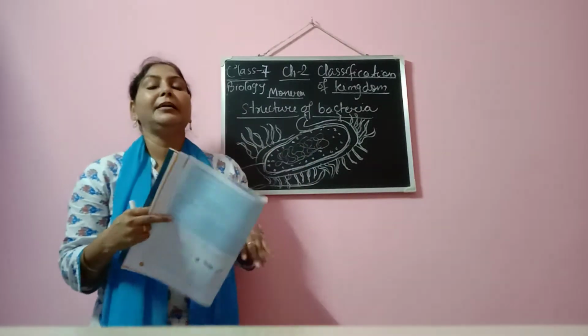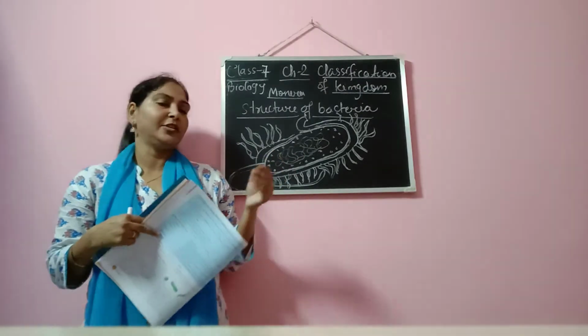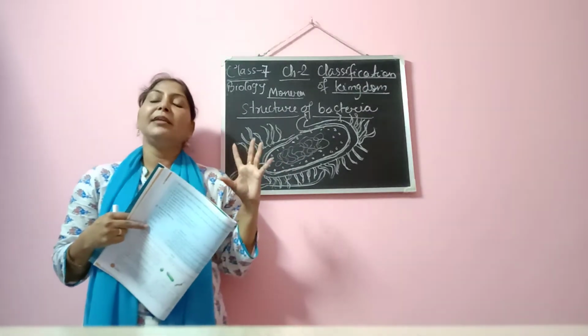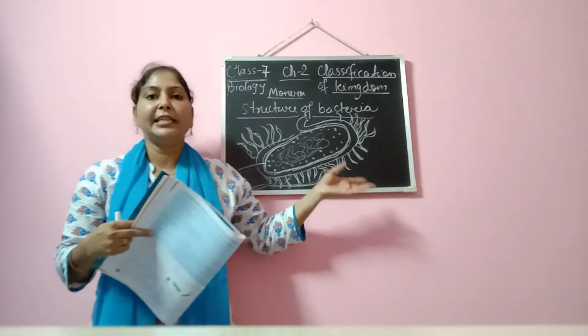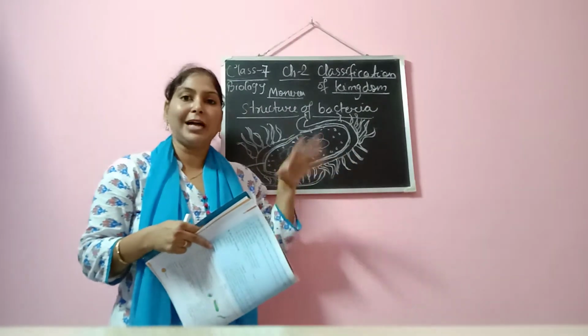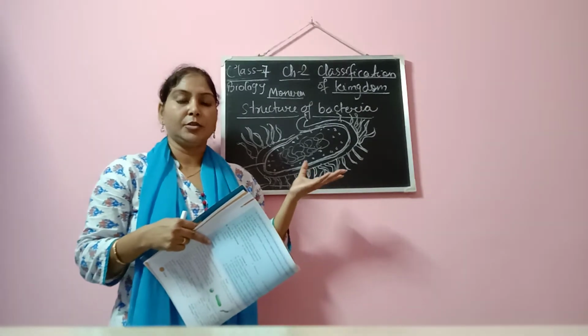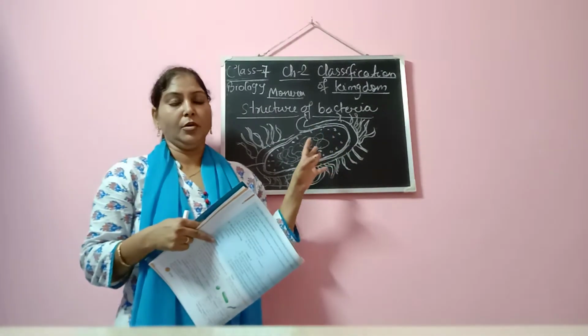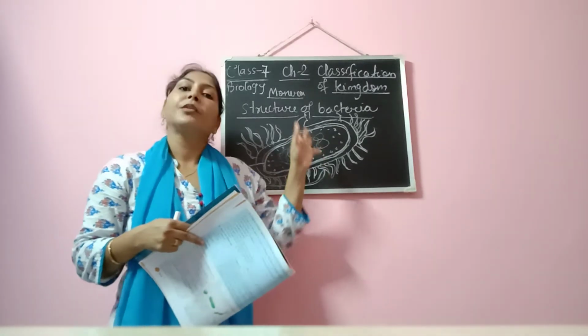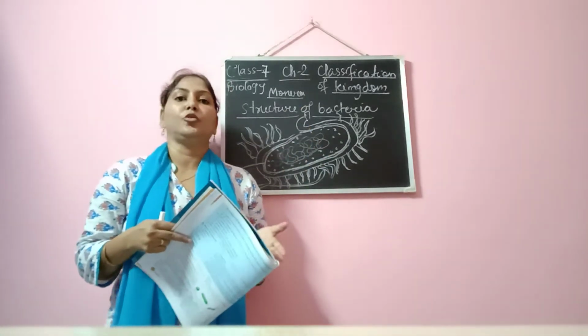Now some more information about bacteria, like their mode of nutrition. As I said, they have the characteristics of both plants and animals, so they will have chlorophyll also. So their mode of nutrition is autotrophic as well as heterotrophic.